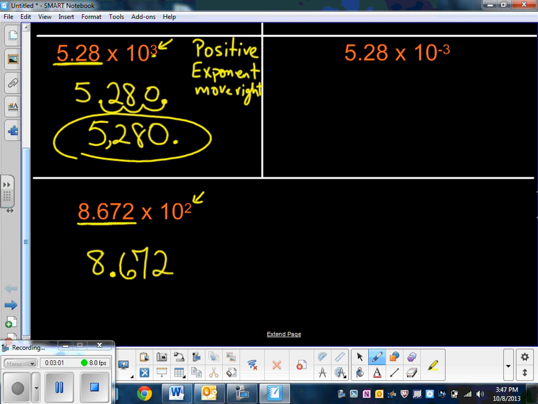If we do so, we're going to stop before we need to fill in any blank spots. This is okay, because this number is still an acceptable number to use. This is exactly what our scientific notation asked us to create. Therefore, our answer is 867.2.